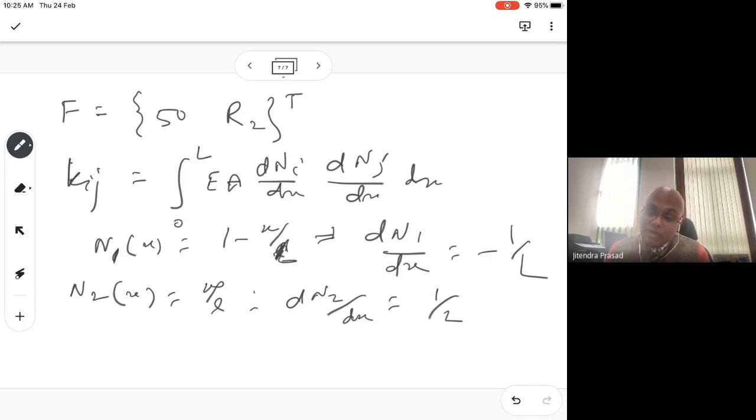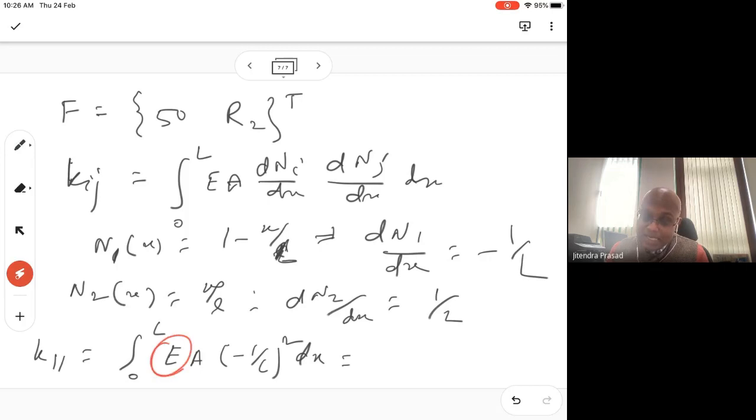So what we get here is K, for example, the integral from 0 to L, and then we have E, then area is given A, and then we have minus 1 over L square dx. Now we have different E, right?